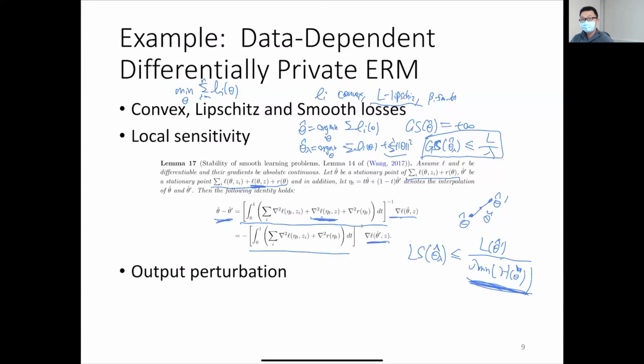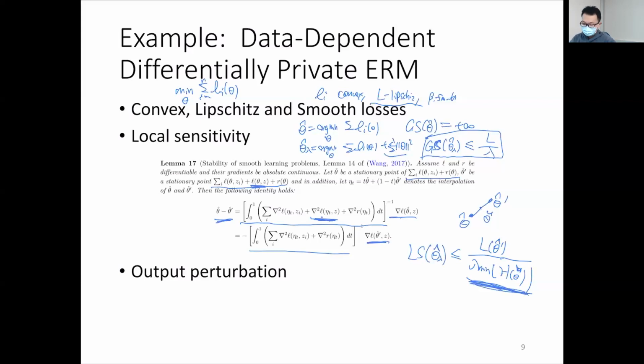So we want to make this adaptive choice of whether we need to add this additional regularization or not before we add noise. We can't directly add noise to the local sensitivity because this lambda min could very much be close to 0, right? So the perturbation of the local sensitivity itself can be huge.